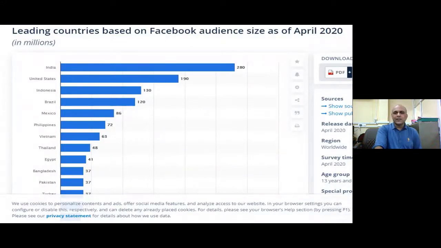This is an interesting statistic that shows countries using Facebook, again April 2020, with the numbers in millions. You can imagine India leading the way, with about 280 million users continuously using Facebook alone. So these statistics give us some idea about how, in the first place, the internet is used, and then how social networking tools and websites are used.